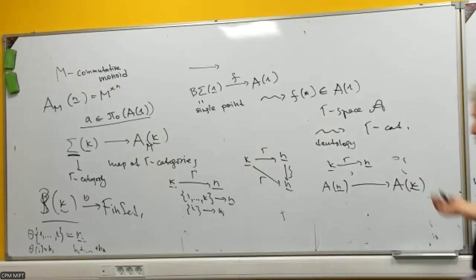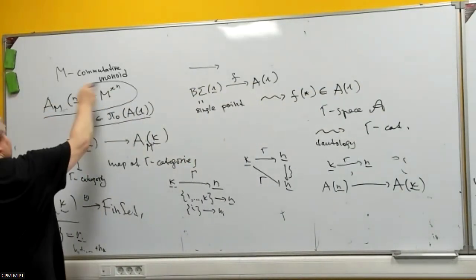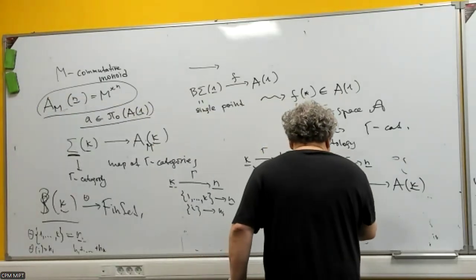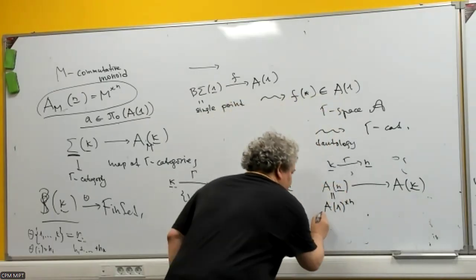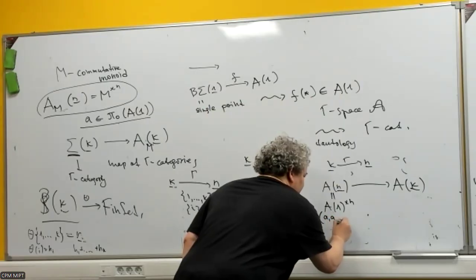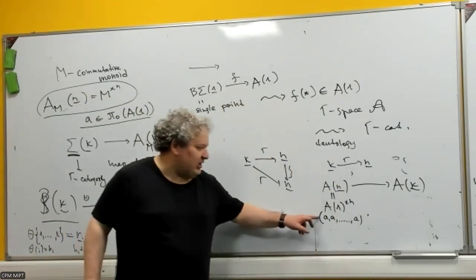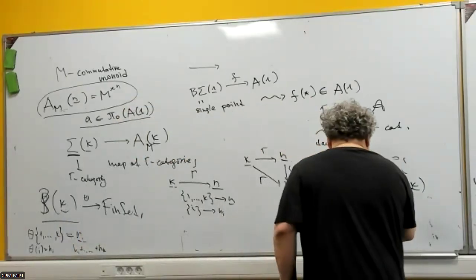This I have in general, but now let me consider this particular situation where I have A0. Then this one is just equal to A1 to the power n, and I may consider an element, a sequence of n elements, each of which is a. So then where is it mapped?